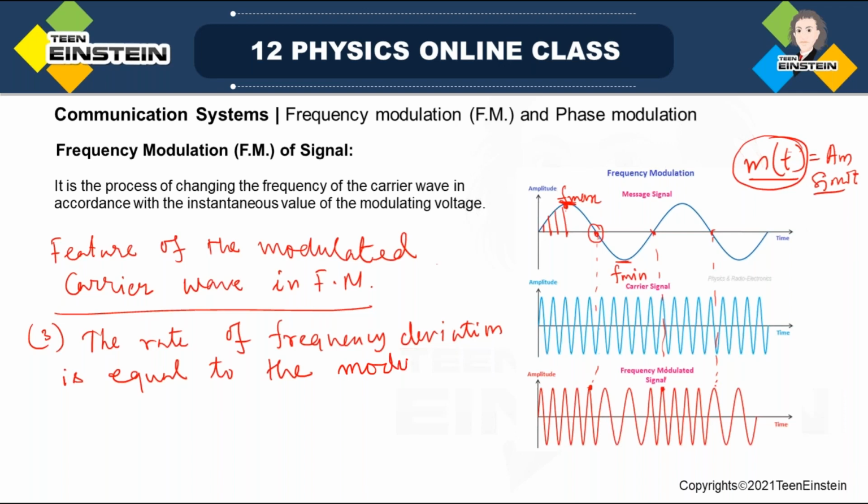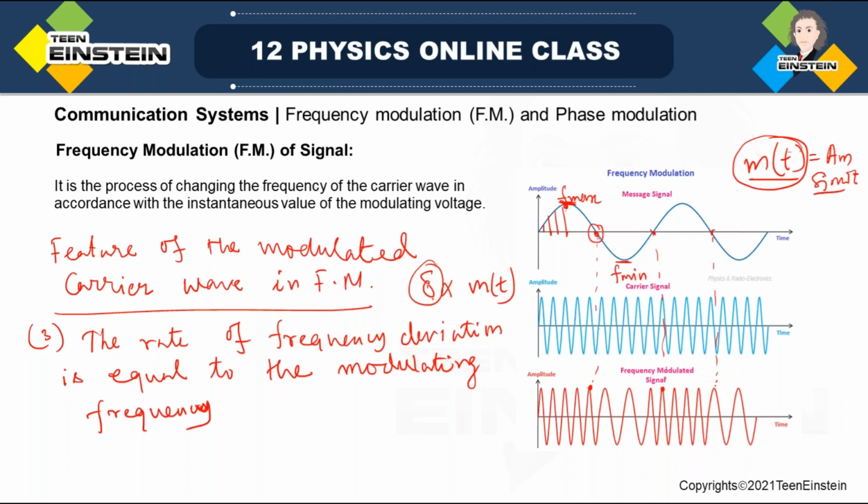I hope you have understood this statement. I'll explain what it is. See, the rate of frequency deviation, that means how delta changes. It changes because it is proportional to m(t), the instantaneous value.